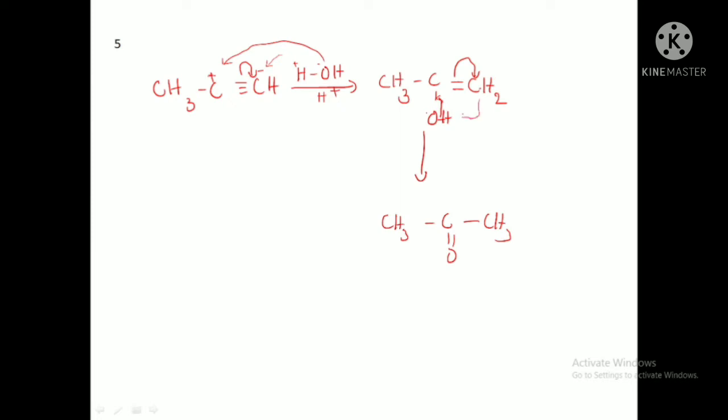It will extract a proton from this hydrogen. So here you will get ketone. Except ethyne, every other alkyne will produce ketone. Only ethyne will produce aldehyde. Remember this. These are three methods of preparation of aldehyde as well as ketone.